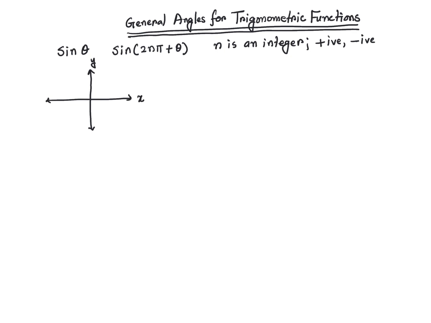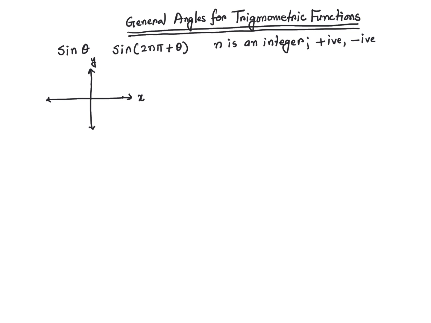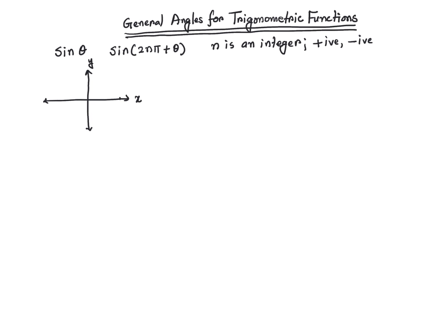So theta is between 0 and 90, so we are just restricting theta to that range to keep things simple. You always start off on the positive x-axis. So let's say n is 1, you're going to have 2 pi. Here we are considering radians, not degrees anymore.